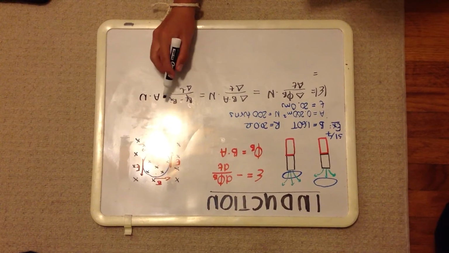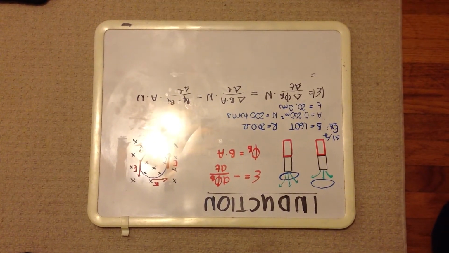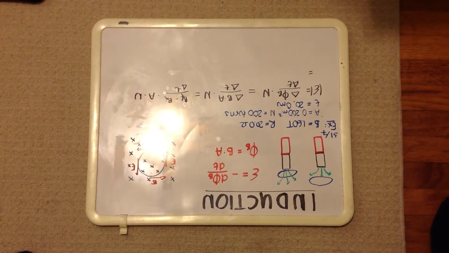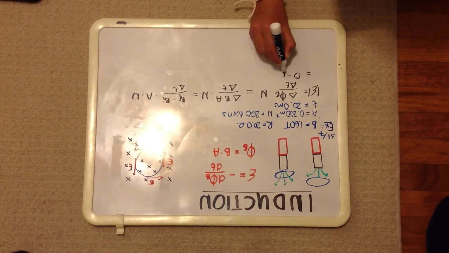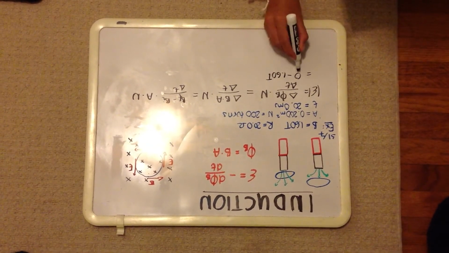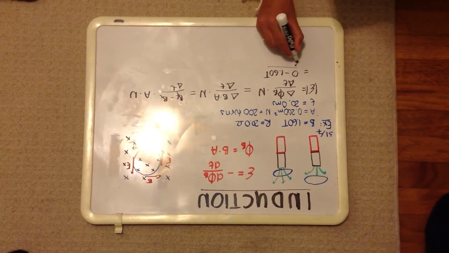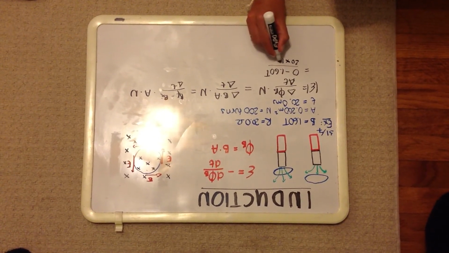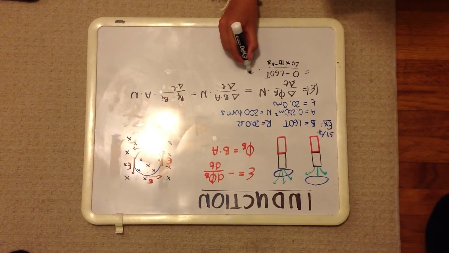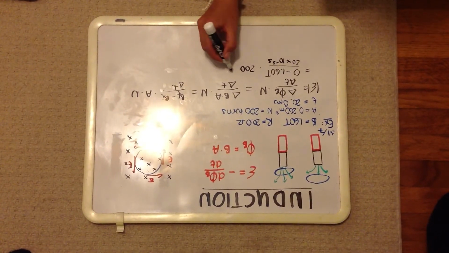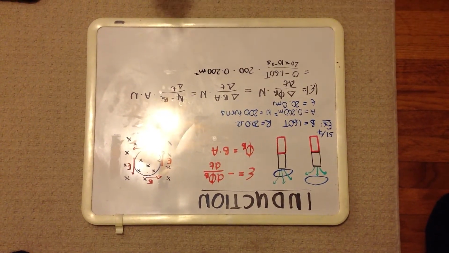And we already said that the final magnetic field will be 0. So we will have 0 minus 1.60 Tesla over the change in time, which will be 20 times 10 to the negative third seconds, times 200 turns, times 0.200 square meters.